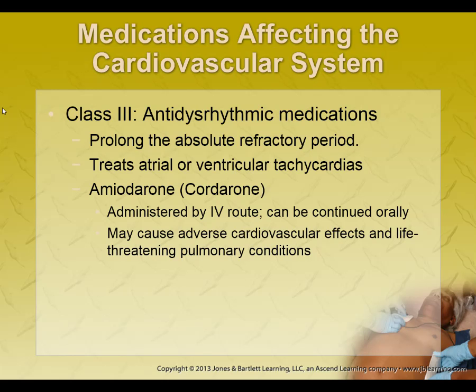The one thing about this, though, is it can cause other effects like pulmonary hypertension, and it can cause respiratory issues as well. So just know that medications like amiodarone, or Cordarone is the brand name, have some pretty significant side effects.